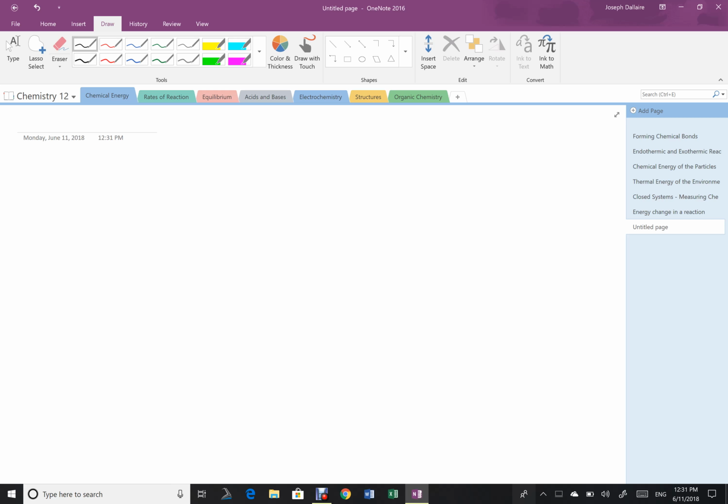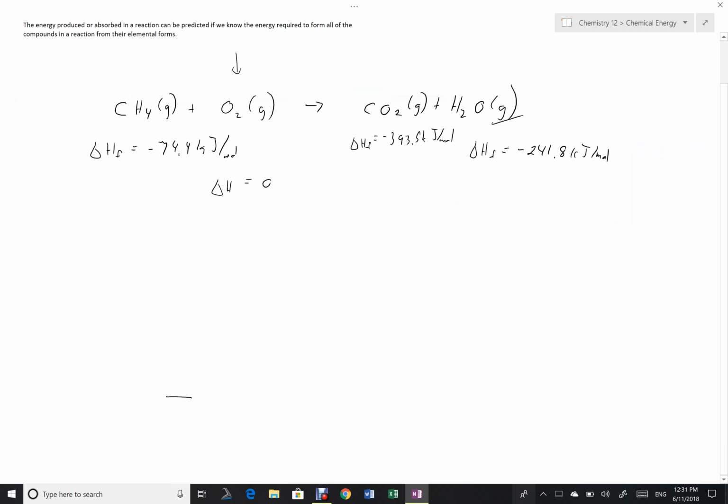So I know this is where CH4 is at the beginning. And I know O2 is up at this level, negative 74.4 kilojoules per mole. And I know after the reaction, it's going to drop to these levels, negative 393.5 kilojoules per mole.